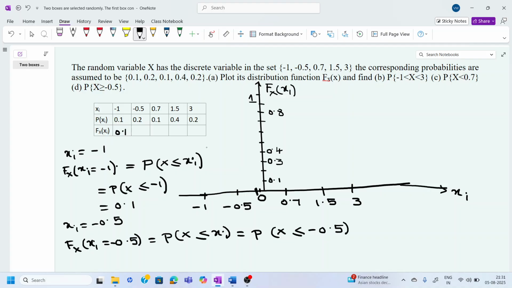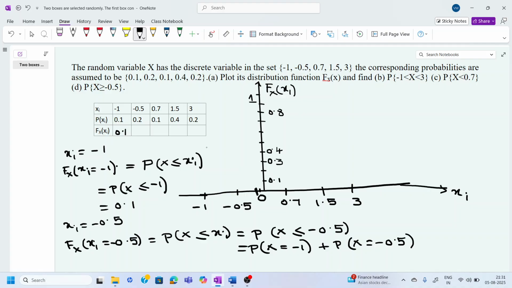Here we have two values of probability. One is -1, and it also includes -0.5. So this will be the sum of probability of x equal to -1 and probability of x equal to -0.5.